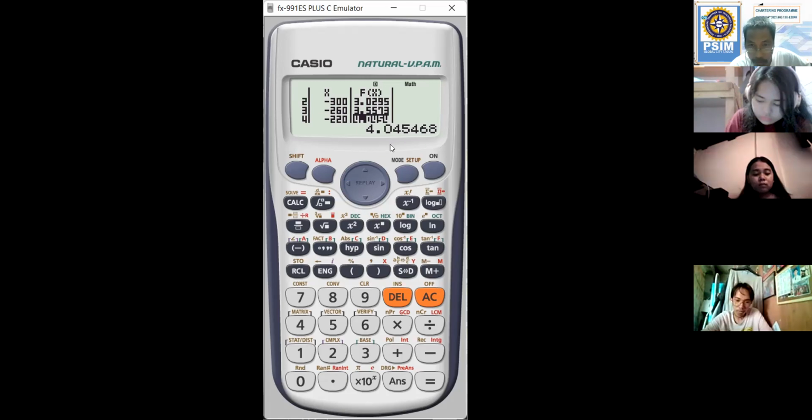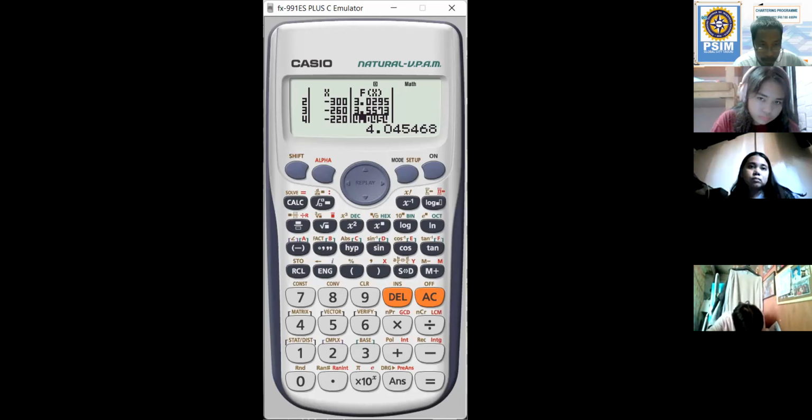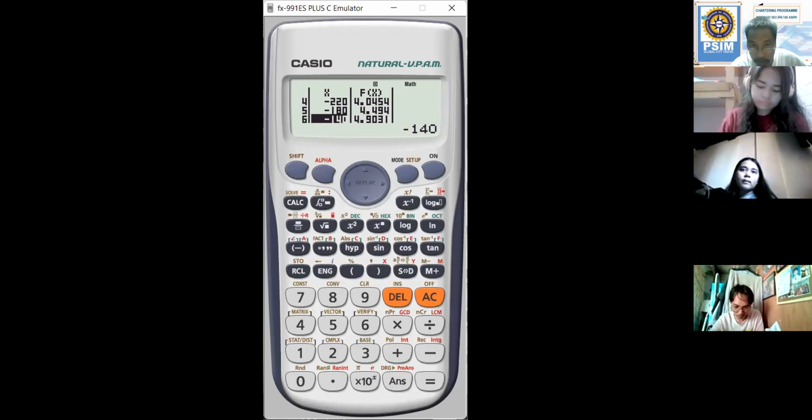Our prediction is 4.045468. If you round this to 3 significant figures, the answer is the same as the book, which is 4.05. Let's go to the next one. What is that? Negative 160. So let's go down to negative 160.